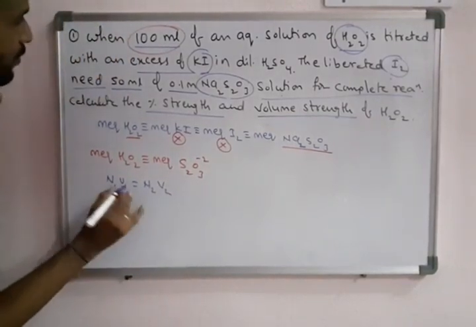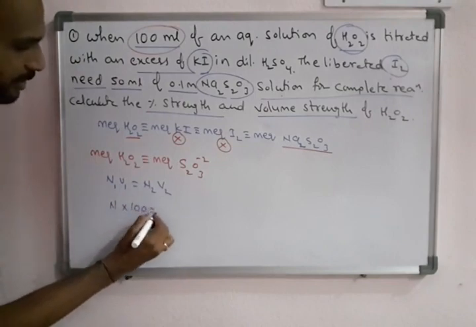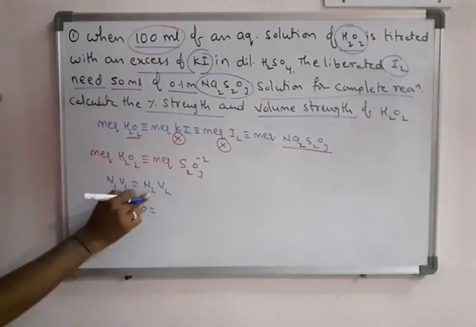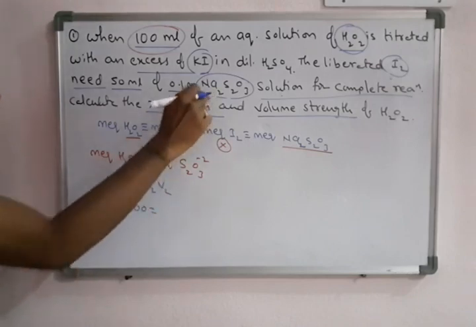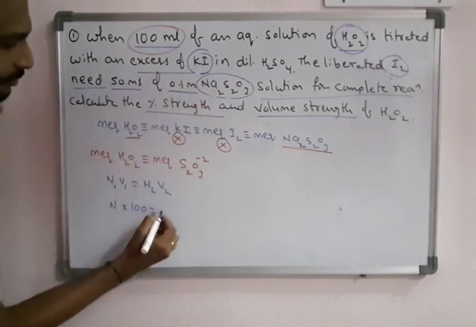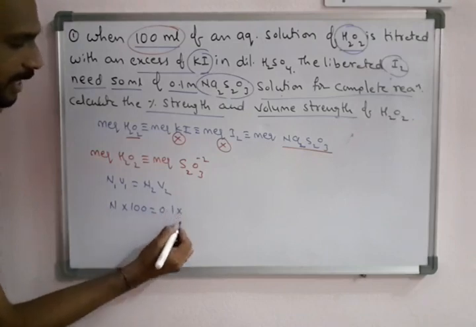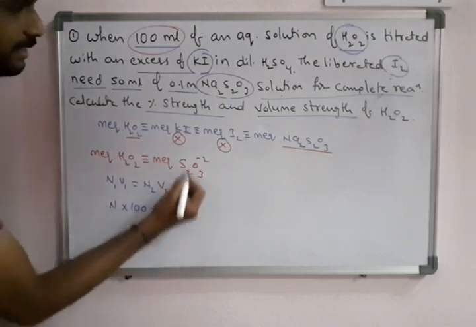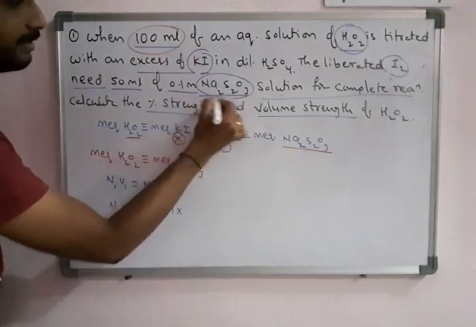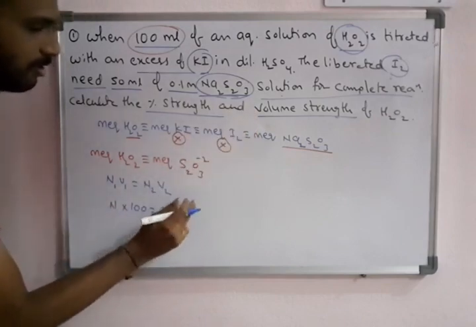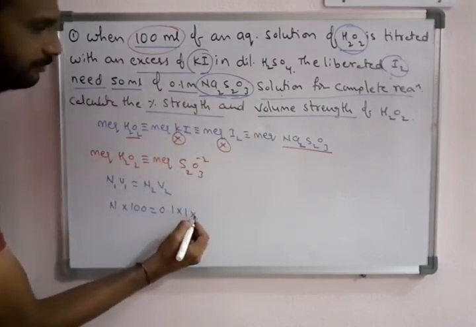Normality into volume, which is 100 milliliters. N2: what is the normality of the sodium thiosulfate? Molarity is given. Normality equals molarity into its n factor. Sodium thiosulfate n factor is 1, we will see it later.